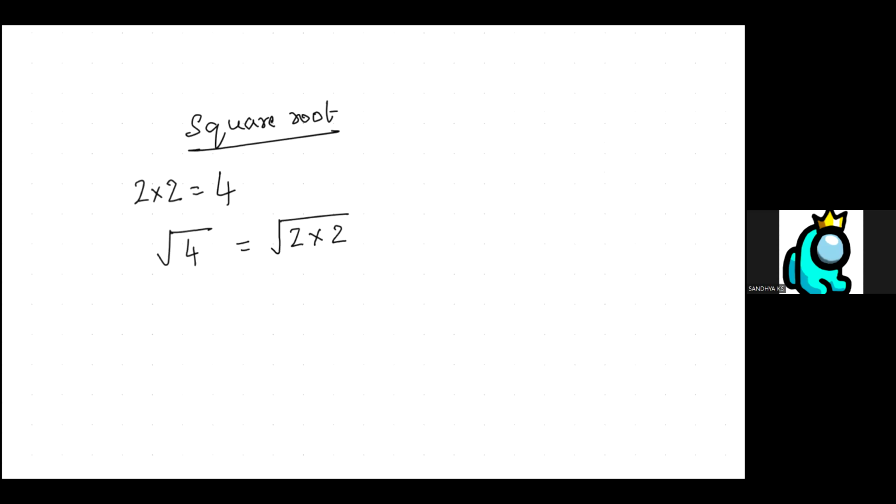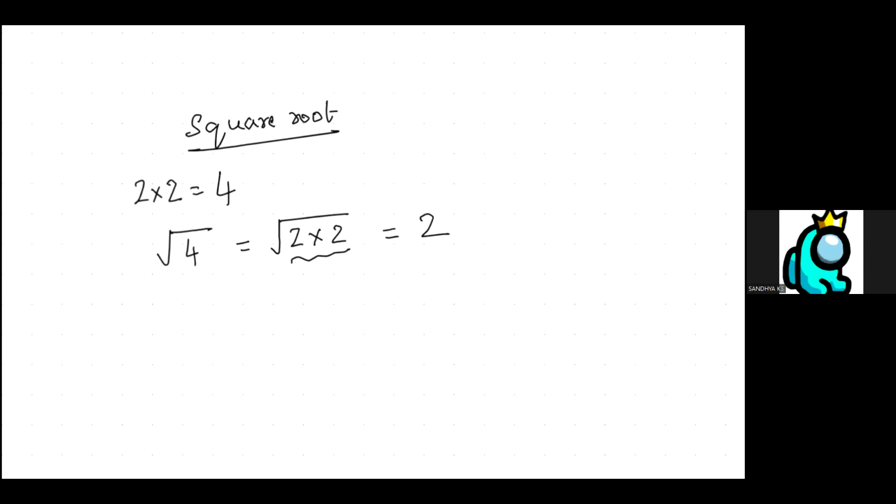When it is coming in pairs, we need to write the 2 only one time. So the square root of 4 will be 2.